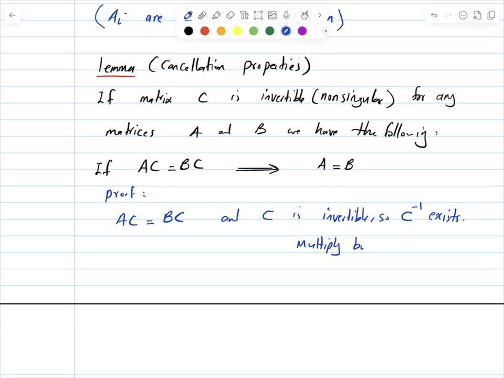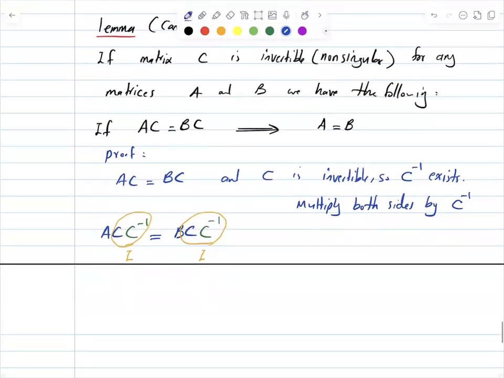Multiply both sides by the inverse of C. So here you get A times C multiplied by inverse of C. On the right-hand side, you have B times C multiplied by inverse of C. But as you know, the product of C with its inverse is the identity matrix. So we can show that you get AI equals BI, or A is equal to B.